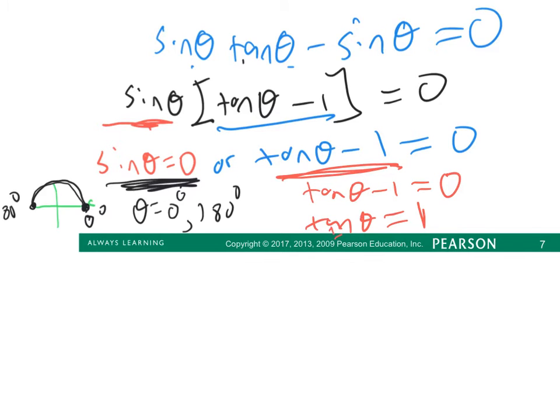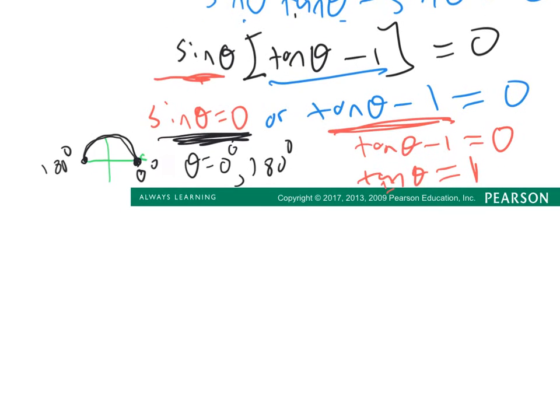When is tangent equal to 1? Think about it. Did it ever happen on the unit circle? With this point being (1, 0), this point being (0, 1), this point being (-1, 0), this point being (0, -1).